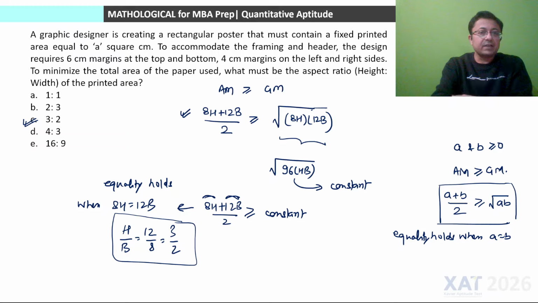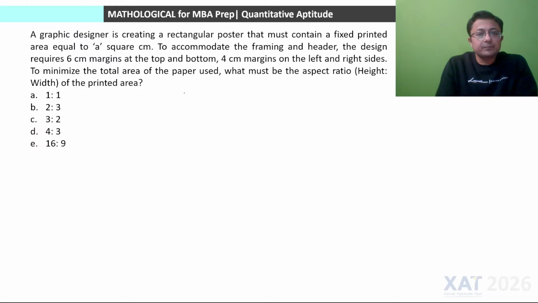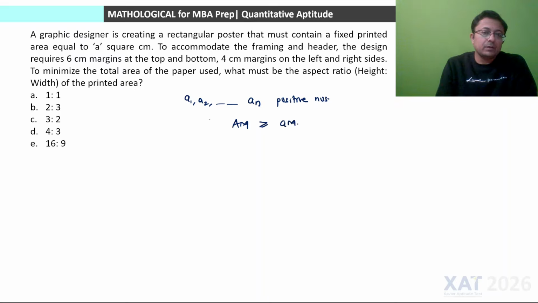So in general, if we have n positive numbers given, a1, a2, a3 till an, then the arithmetic mean of those numbers will always be greater than or equal to the geometric mean. The arithmetic mean is the average of all those numbers: a1 plus a2 till an, if there are n numbers, divided by n.